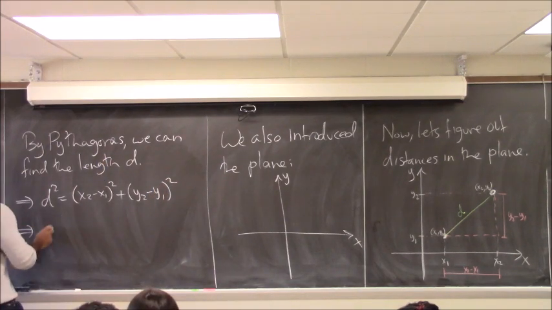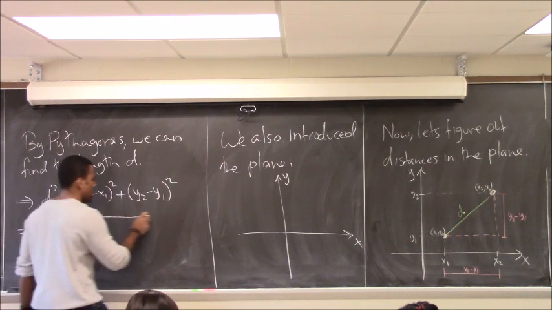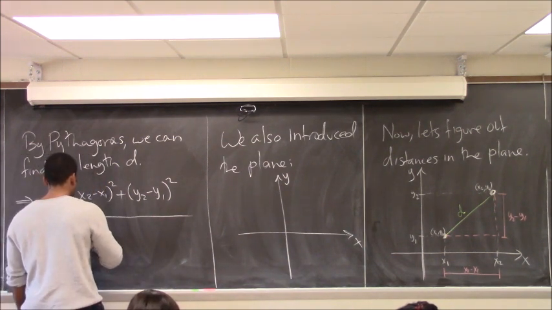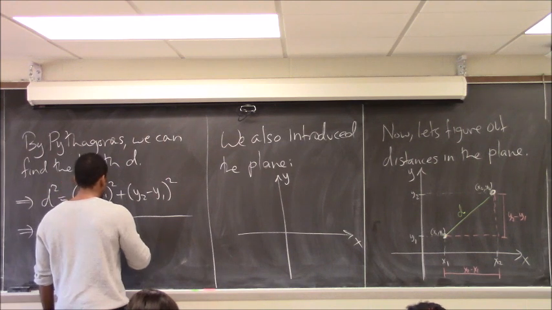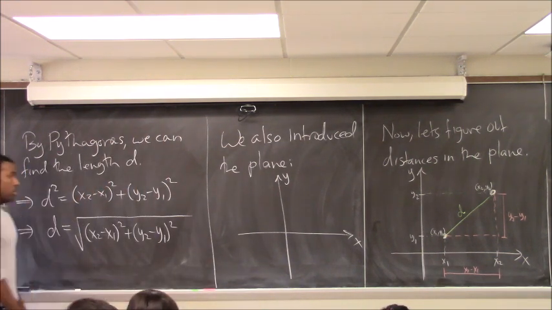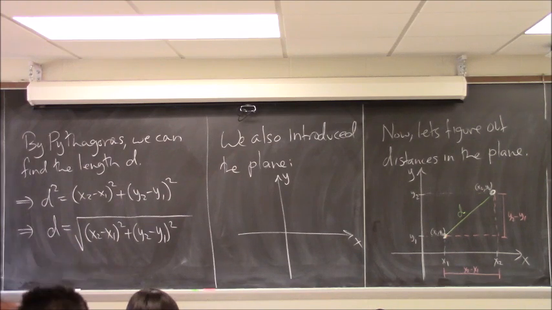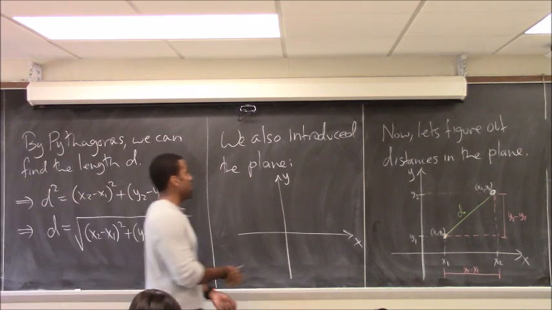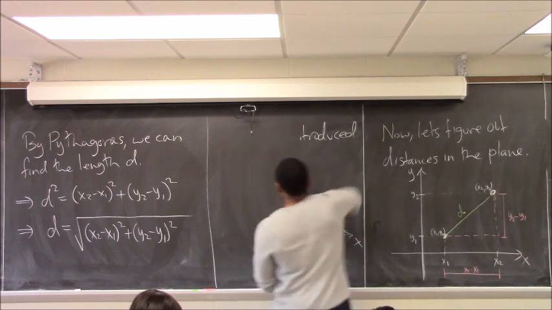And so d, which we're taking to be a positive distance, so we're going to take the positive square root, is this formula: the square root of x2 minus x1 squared plus y2 minus y1 squared. Very important formula. It tells us the distance between the coordinates x1, y1, and x2, y2. It is called the distance formula.